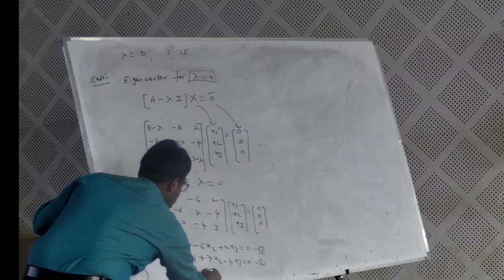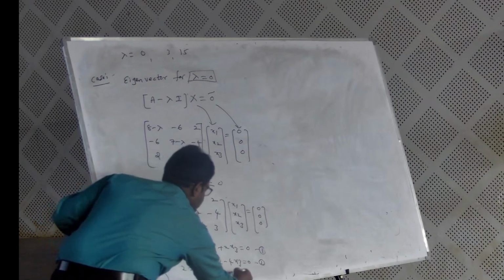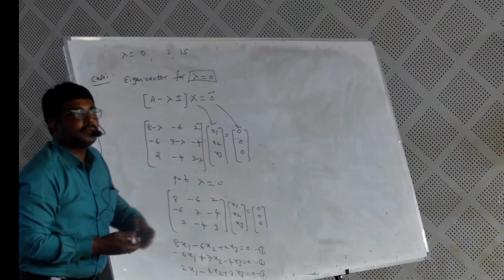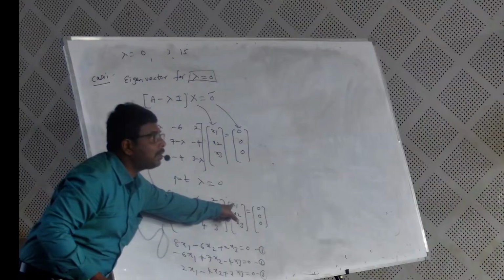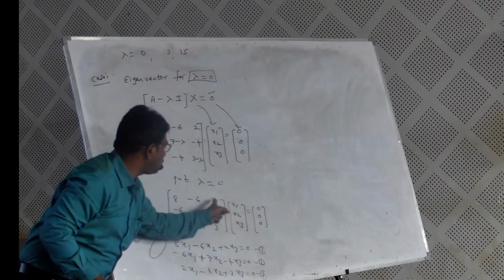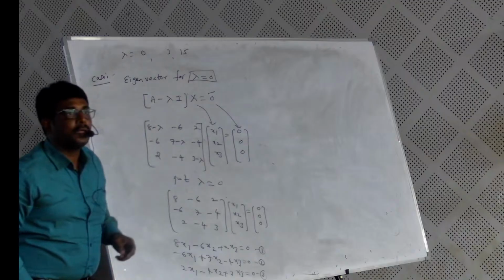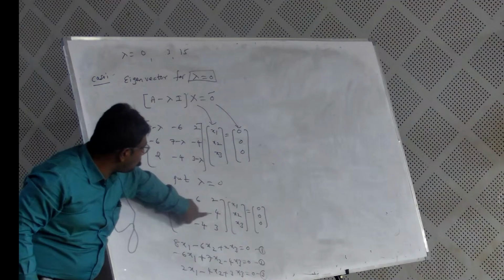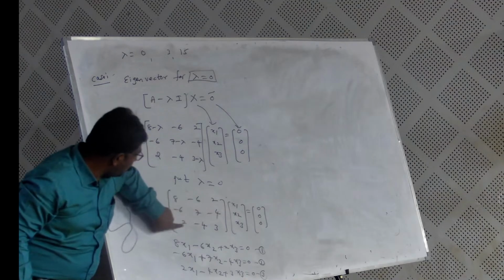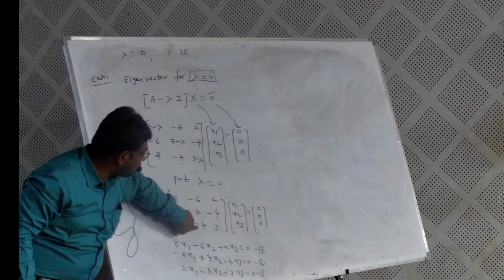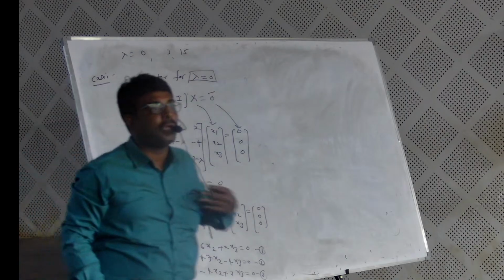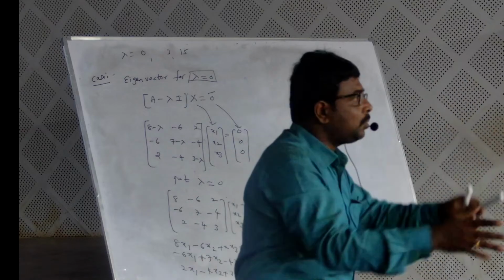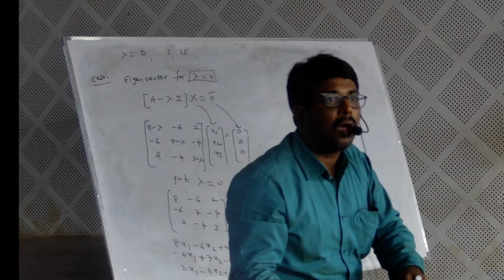Last equation, what is the first equation? 8x1 minus 6x2 plus 2x3 equal to 0. Second equation: minus 6x1 plus 7x2 minus 4x3. Third equation: minus 4x2 plus 3x3. How many equations do you have? Select any two. Select either 1 and 2, or 1 and 3, or 2 and 3.